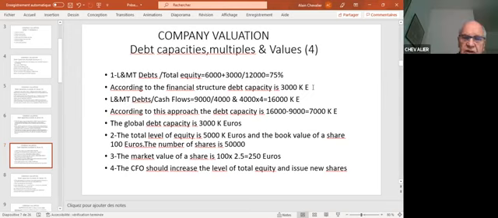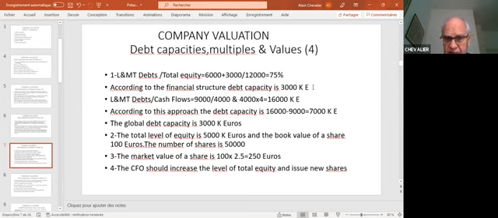Now, the second basic question: you leave the financial structure and compare the level of debt and the cash flow. It means you calculate what we can call the capacity to pay back the accumulated long and medium-term debt. Long and medium-term debt divided by cash flows gives 9,000, still the same number, 6 plus 3, divided by 4,000.